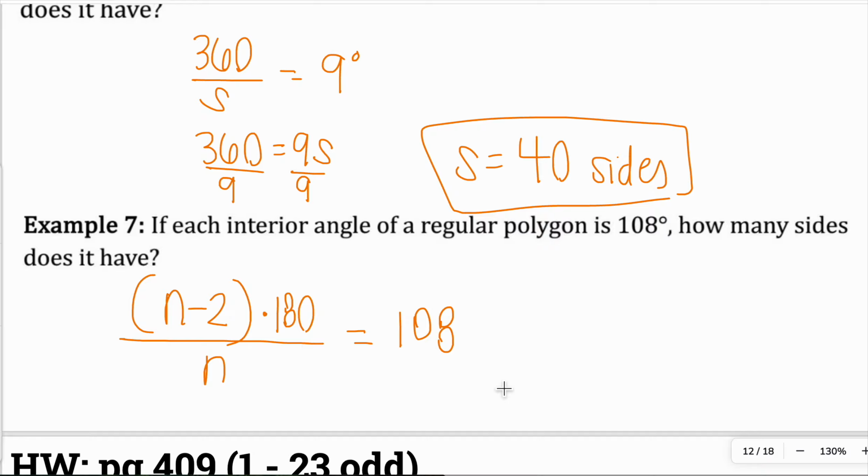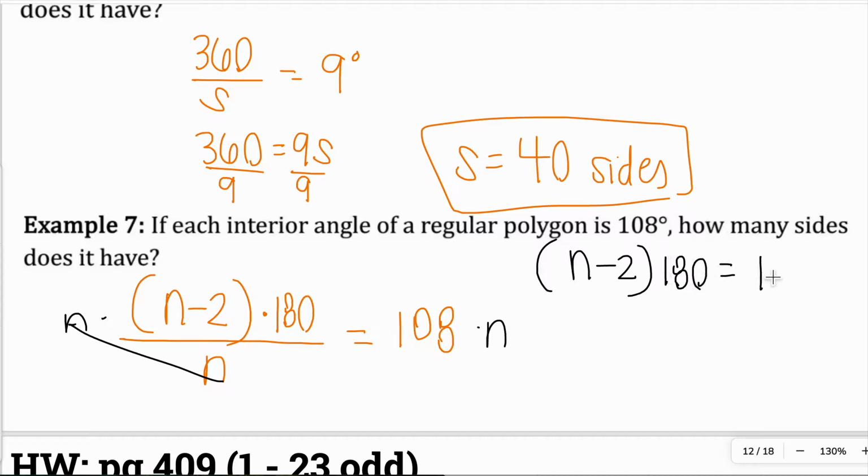So we're going to solve for n here. First thing I'm going to do is multiply both sides by n so that these two n's can cancel out. So I'm left with n minus 2 times 180 is equal to 108n.